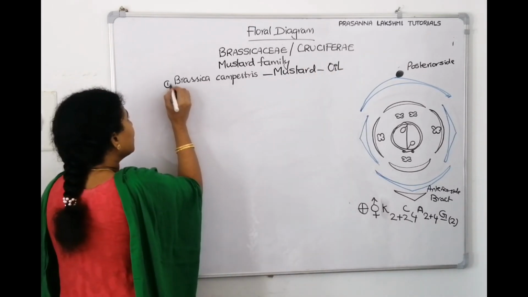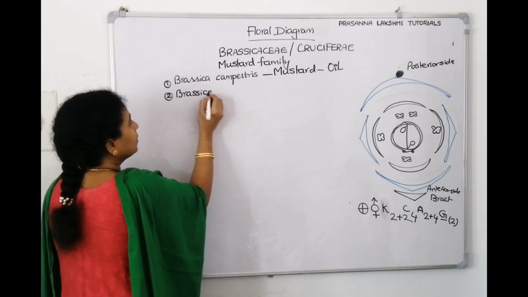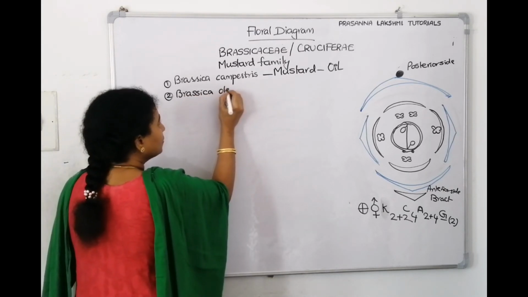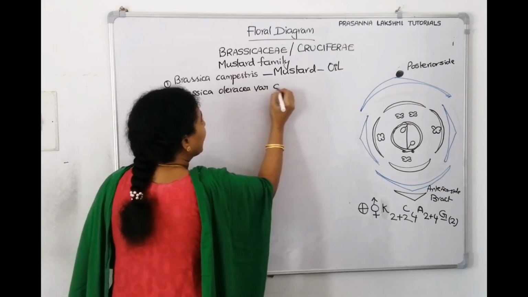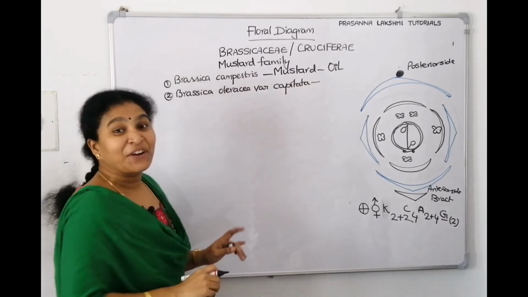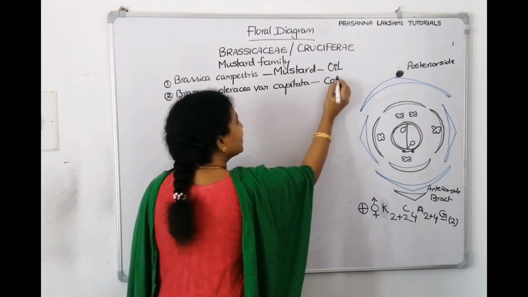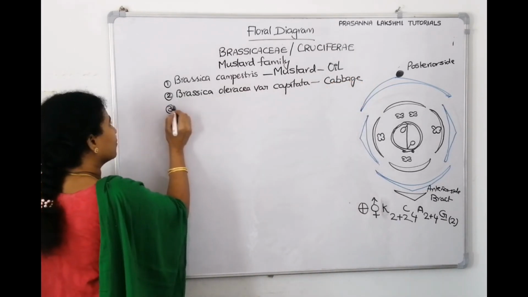Then next one, Brassica oleracea var capitata. This is a long lengthy name for cabbage, which is a vegetable. Again, cauliflower is also here only.